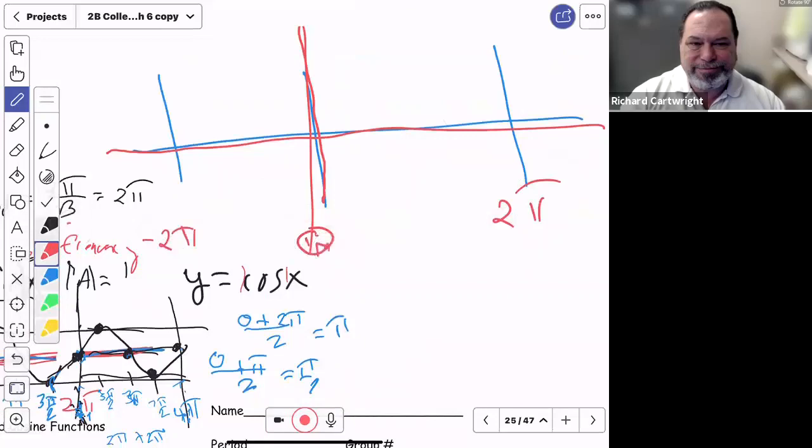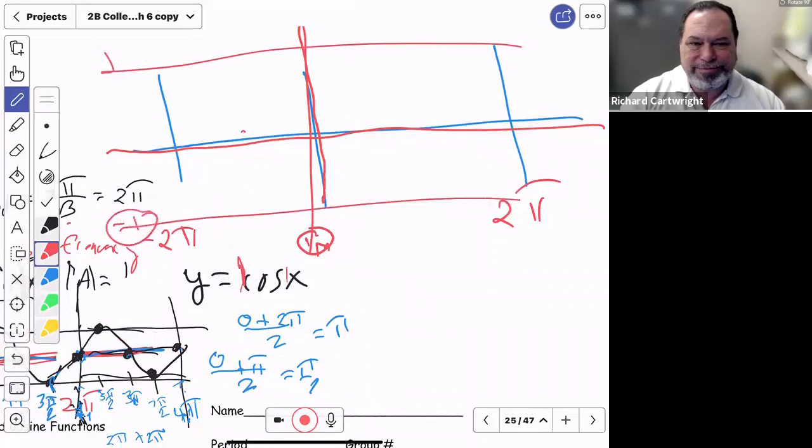I do the same thing. Cut it in half. Oh, by the way, how high is it going to go? It's going to go 1. So 1 up, 1 down. I need that number. That's a 0. I did not shift it up or down. So I need that number. I need that number. So I got 1, 2, 3 numbers, 4 numbers, 5 numbers, 6 numbers.